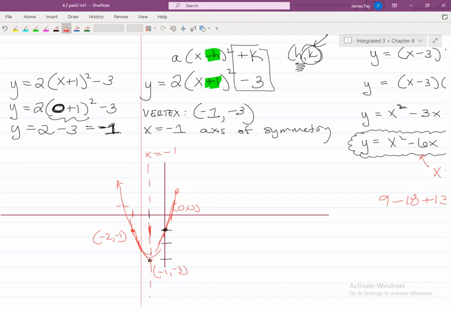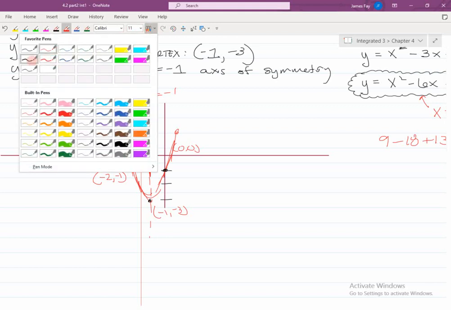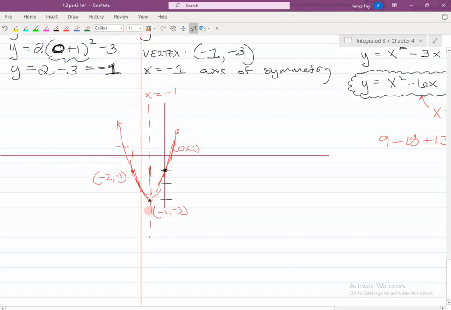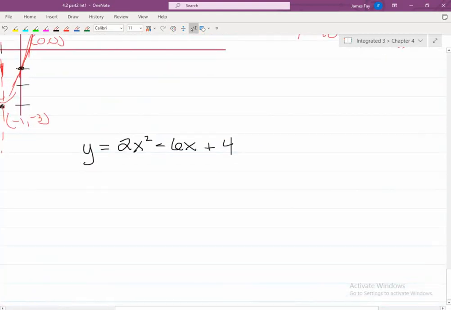Okay. Now, what I want to show you, because they're going to ask you to bounce back and forth between vertex form and standard form. If they start me with standard form, so if I go y equals, let's just say, 2x squared minus 6x plus 4, and they ask me to put that in vertex form.